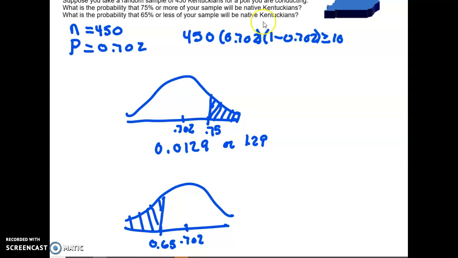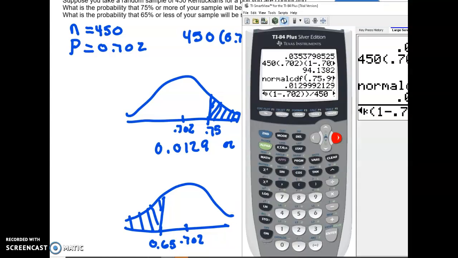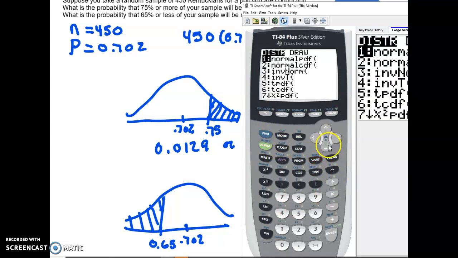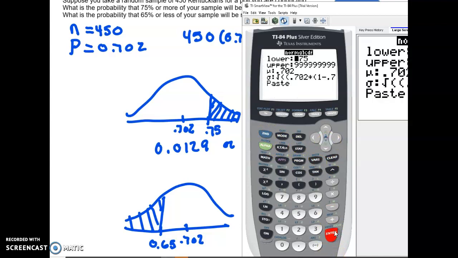Again, we can pretty much just go straight to the calculator. Second distribution, normal CDF. The lower bound here is going to be negative infinity, so negative 99999. The upper bound will be 0.65.